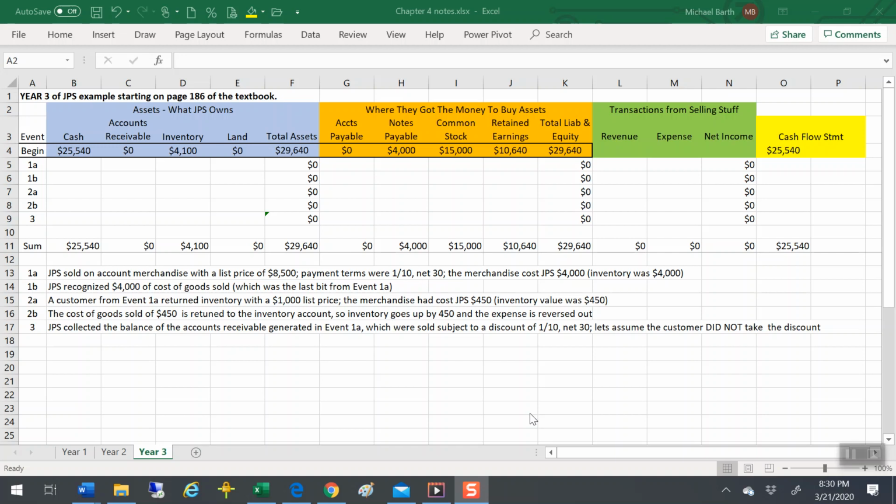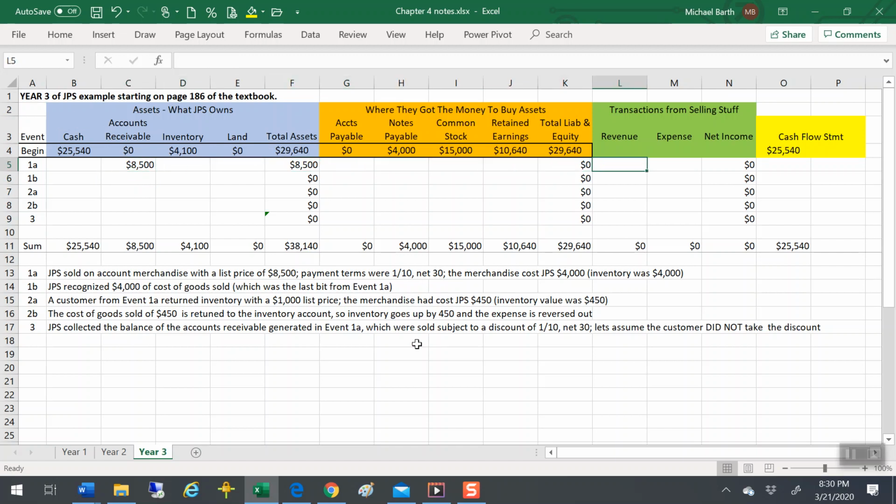All right, so JPS sold on account. Sold on account means that we took an accounts receivable, we sold for credit. We let somebody buy on the credit card something with a list price of $8,500. Instead of recording $8,500 in cash, we'd record $8,500 as accounts receivable.